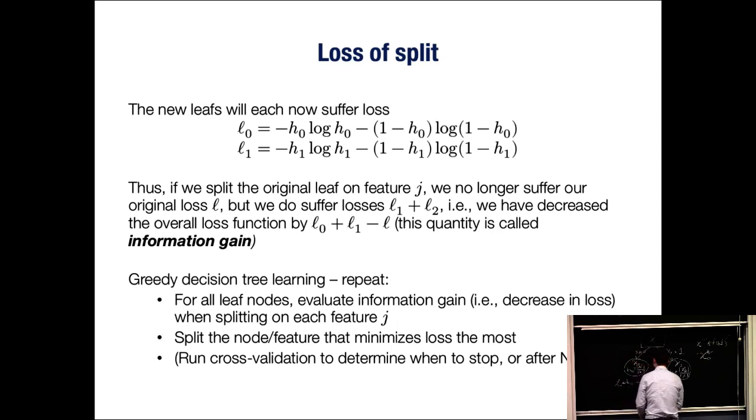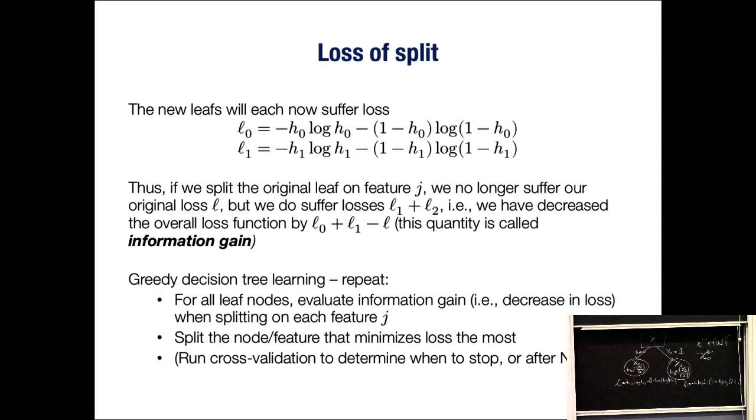That's this one. And then over here, I have L1, which is the same thing but with h1: negative h1 log h1 minus (1 minus h1) log (1 minus h1). So I suffer some new loss according to each of those.